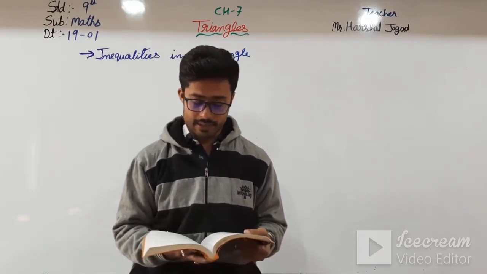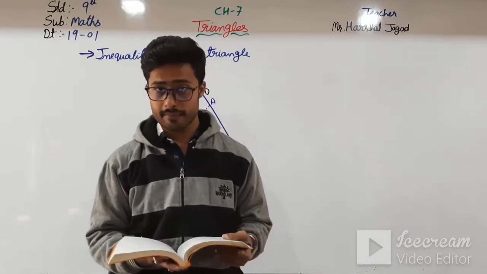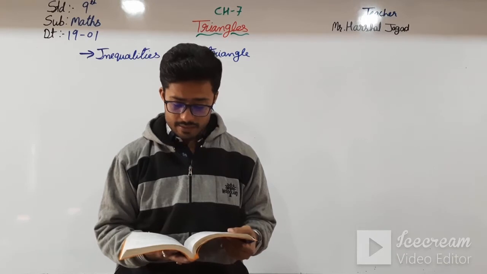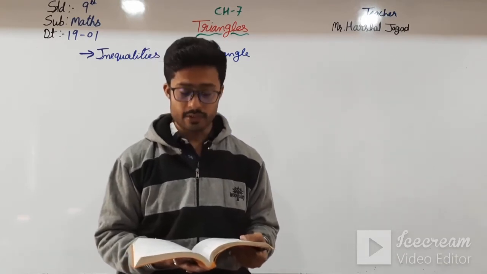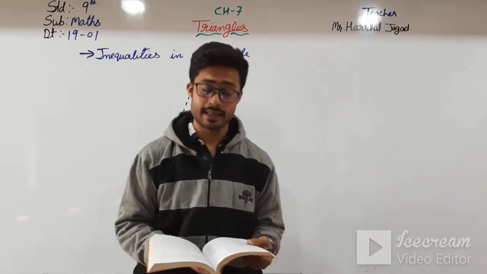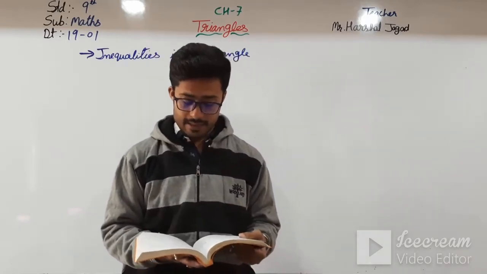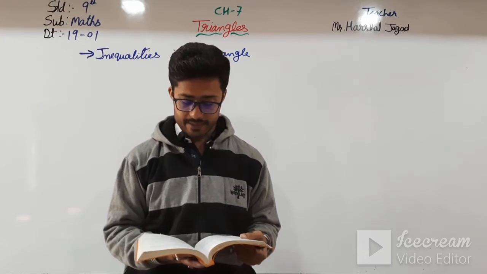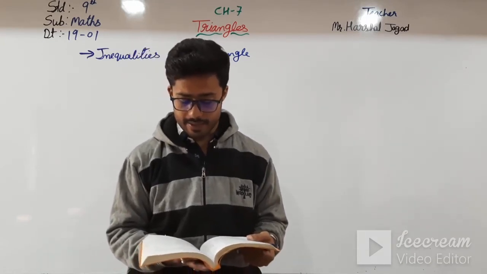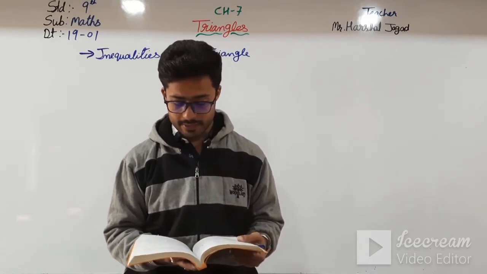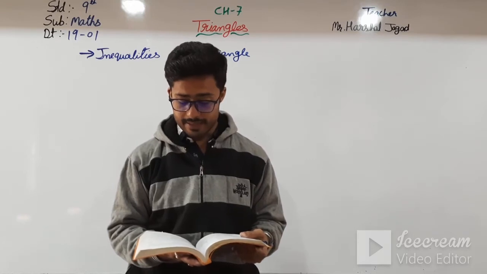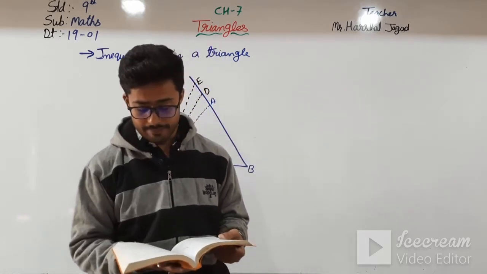Now shift the pencil and mark another point A prime, on CA beyond A, as its new position. So A prime C is greater than AC. Comparing the lengths, join A prime to B to complete the triangle A prime BC. What can you say about angle A prime BC and angle ABC?